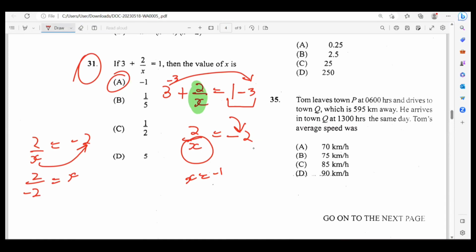Let us say I have 5 over b equal to, I don't know, maybe 10. If I want to find b, the fact that the b is a part of the denominator, I could switch it with this. They could switch places. So 5 over 10 is equal to b. So it's the same thing I'm doing here. So 2 divided by minus 2 is minus 1, which is x. Just another approach to get your answer.